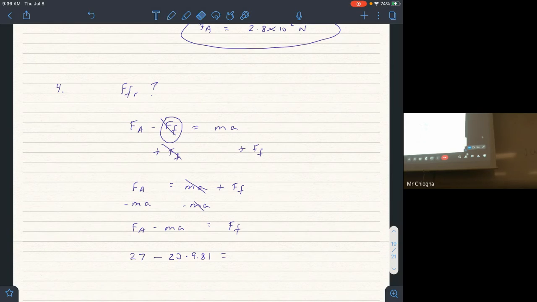Made a mistake. Acceleration is 0.8. That makes sense. Well, this works out to be 11. And they just ask you for the magnitude. So that's enough.